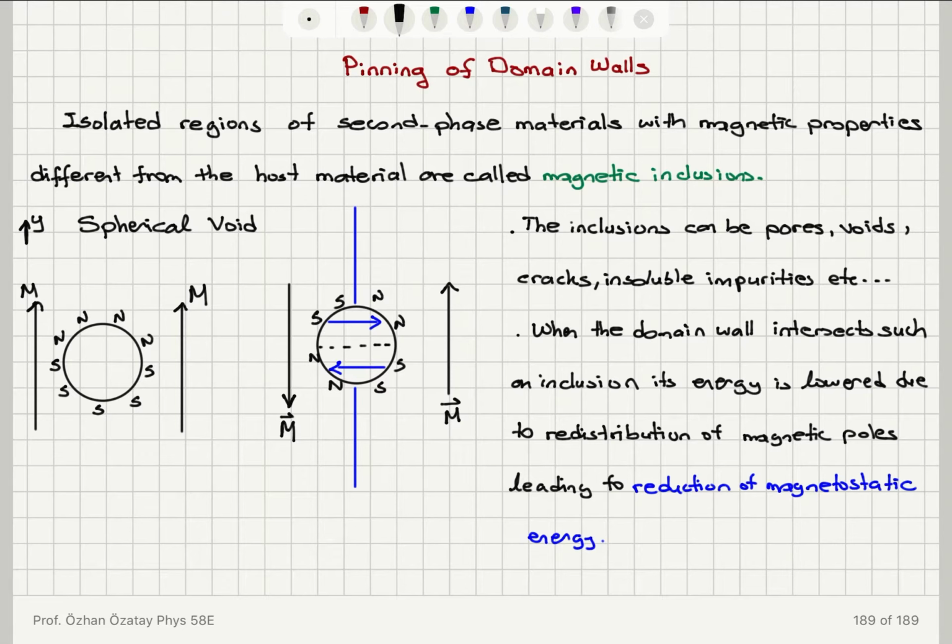So this is my magnetic void. So I'm applying a magnetic field H in this direction, a magnetizing field. Let's say it's in this direction, and the magnetization will be pointing in this direction. So that means I have a collection of north poles here and a collection of south poles here.